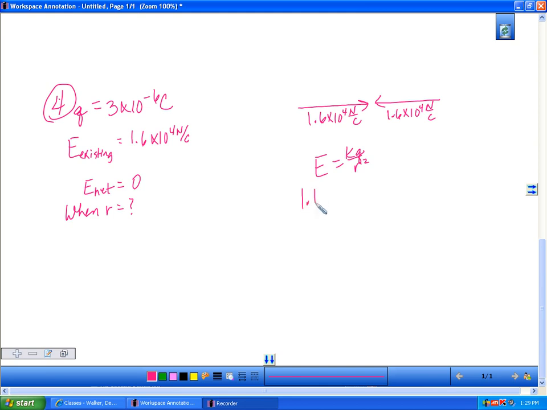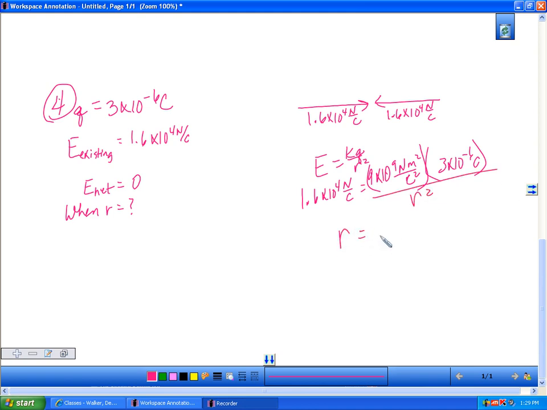And my little tiny charge is going to generate a field that's the same exact size as the existing one, when I'm some distance r away.